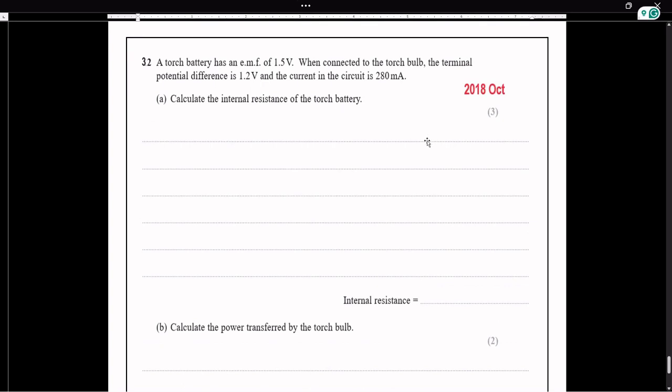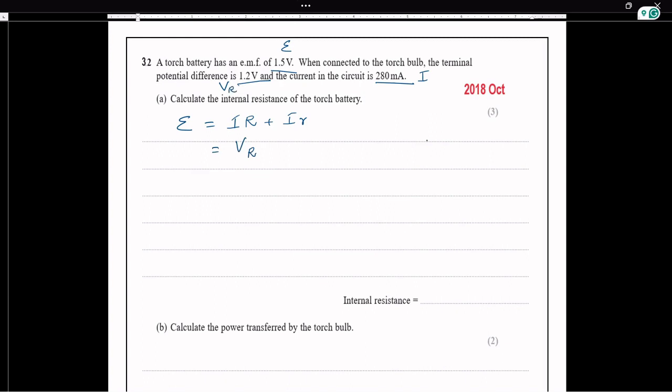Calculate the internal resistance of the torch battery. For that, an EMF of 1.5 is given. Then the terminal PD is given. Terminal PD is the total potential difference across all the load resistors, and the current is given. It is a very direct question. We know that E is equal to IR plus Ir. This IR we call the terminal PD.